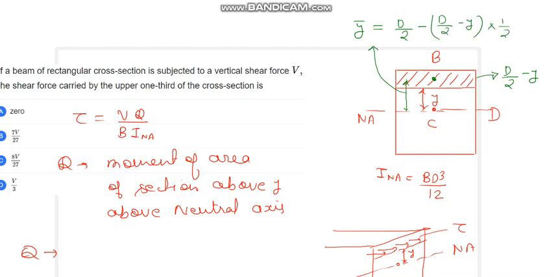Half of this we subtract from D by 2, and we get the location of the centroid of this section.